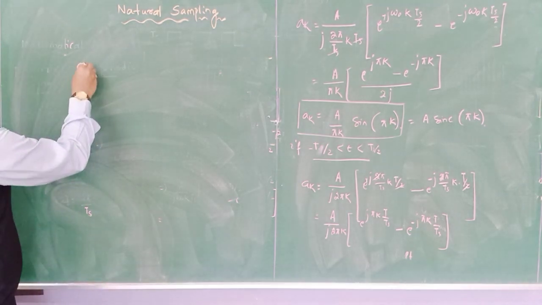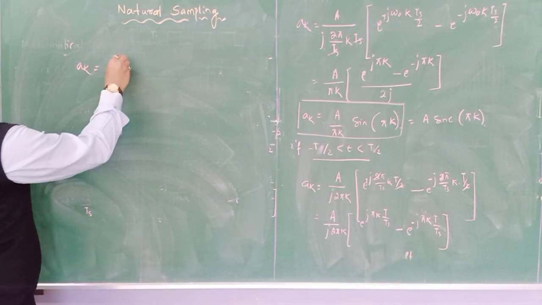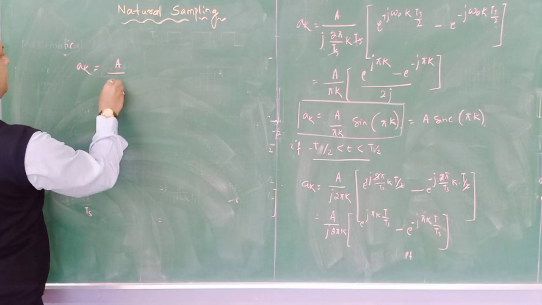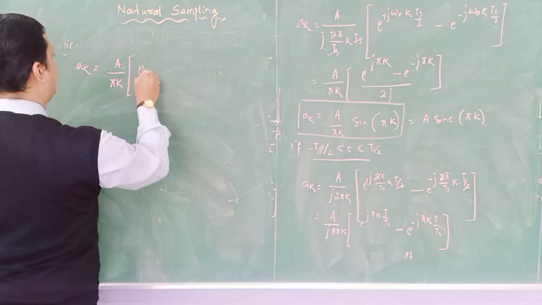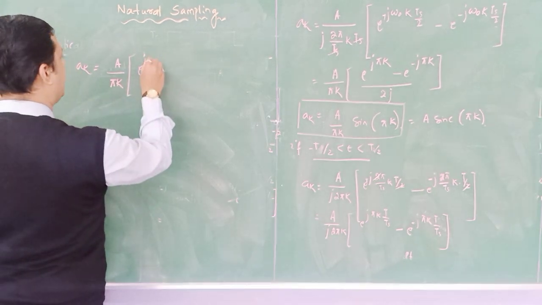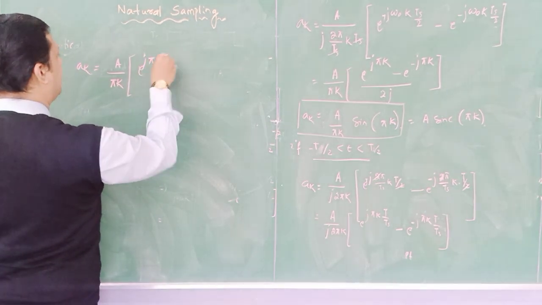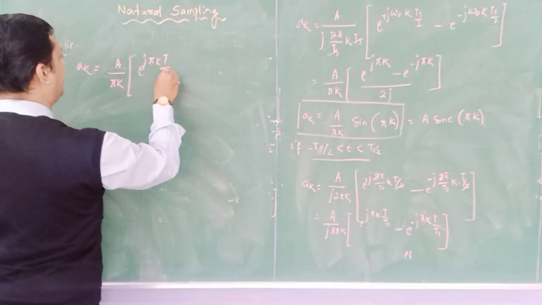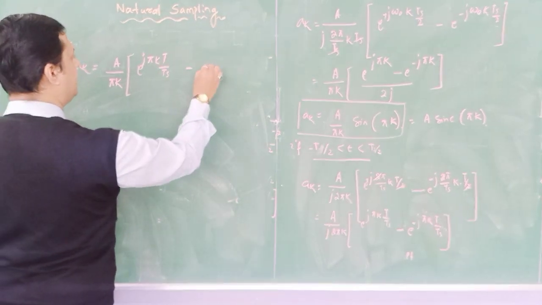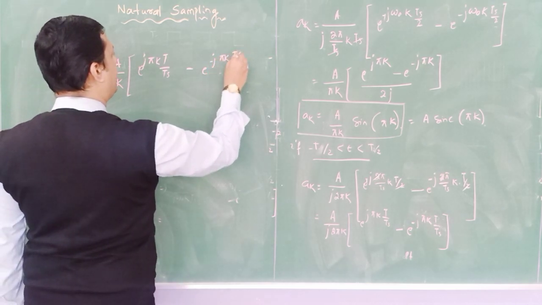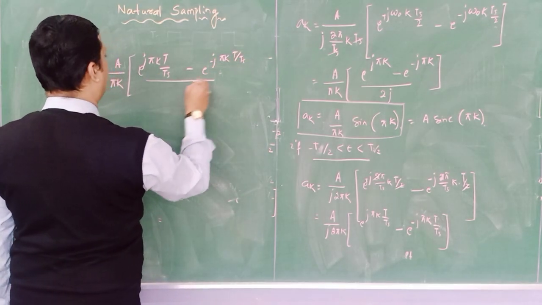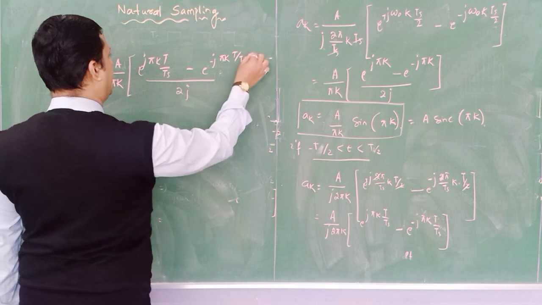So our constant coefficient is A divided by pi k, and e to the power j pi k T by Ts minus e to the power minus j pi k T by Ts, whole divided by 2j.